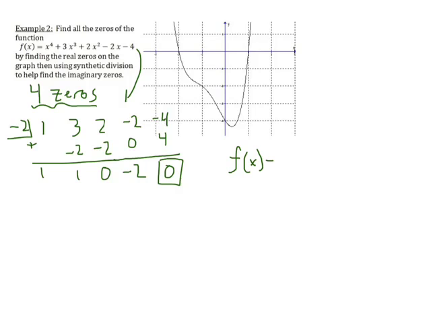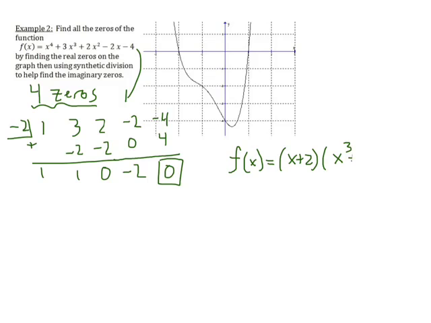We just found out that f of x is x plus 2 times this whole factor here. We've got 1 coming from our coefficients here. We've got 1x cubed plus 1x squared, plus 0x, minus 2.